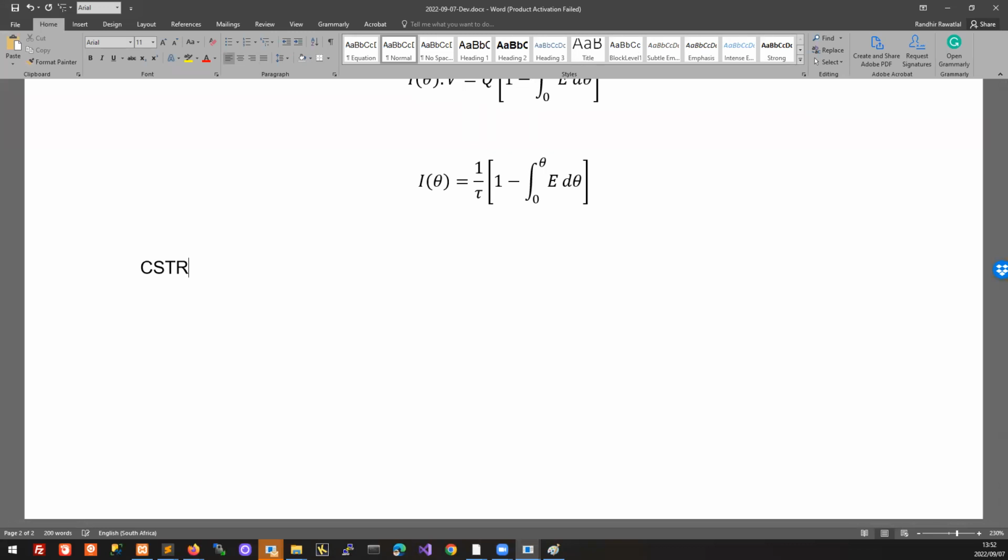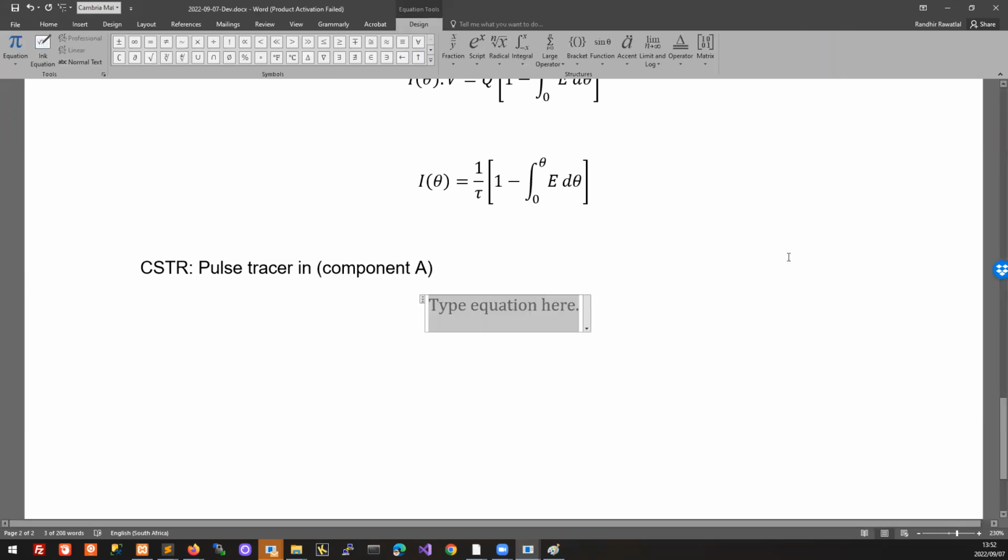So the CSTR, pulse tracer in, and let's call that component A. So our salt is component A. We can happily write a balance on a CSTR. We can say dCA/dt equals, and the balance of the CSTR, we know we can say CA in minus CA, divided by tau, right?